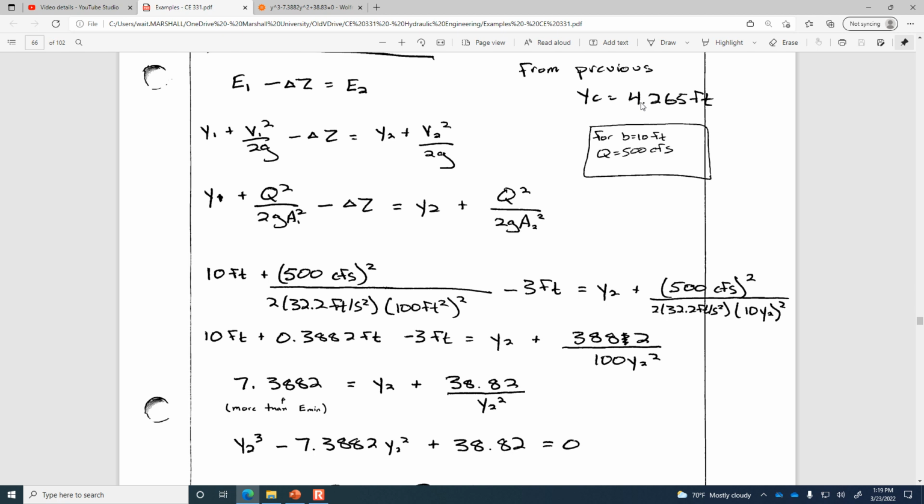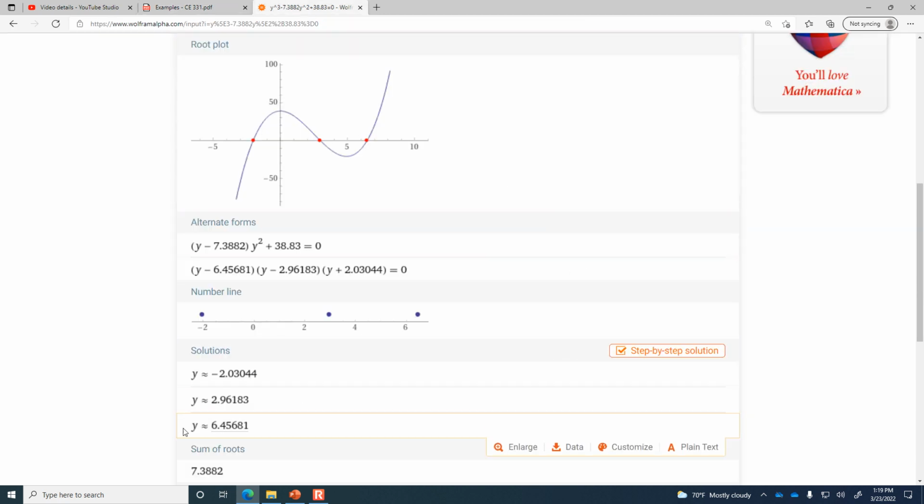Subcritical. Good. Yeah, so then if it was subcritical at 1, that helps us to know that we need to choose this subcritical route. So the water is going to be flowing at a depth at 2 of 6.45. So it's not even flowing at the critical condition. That delta Z isn't so big.